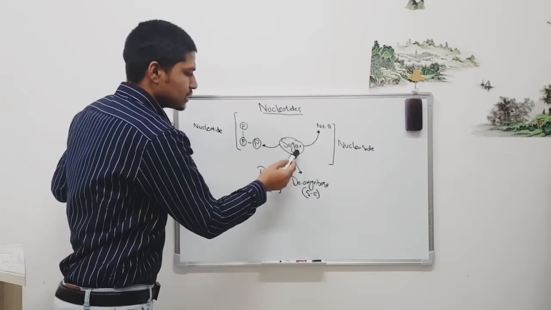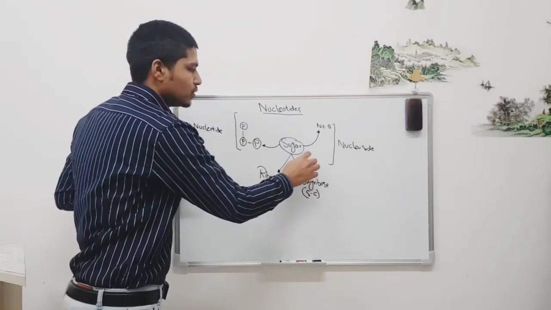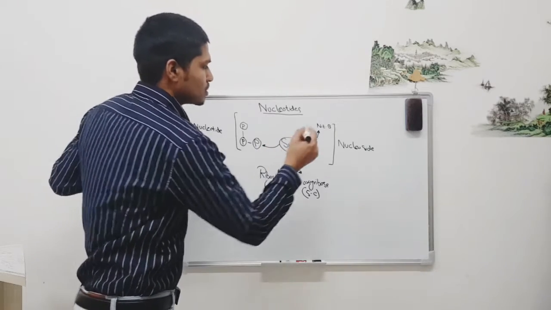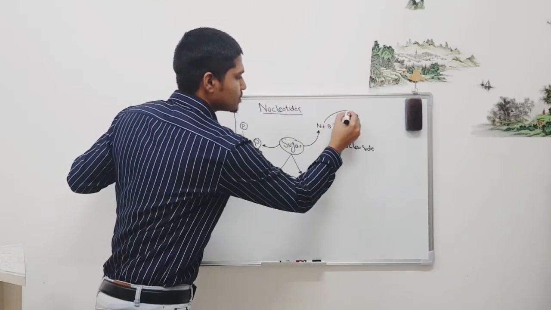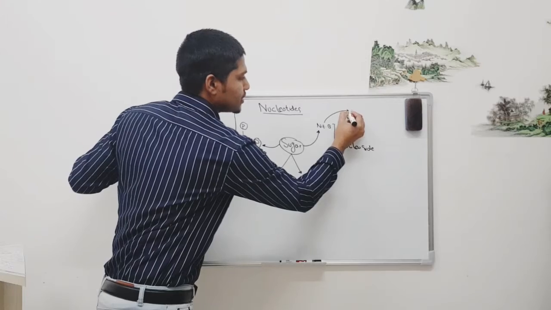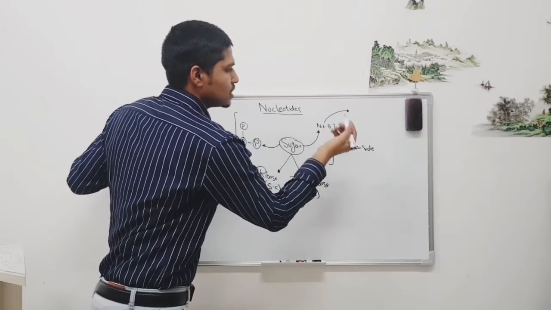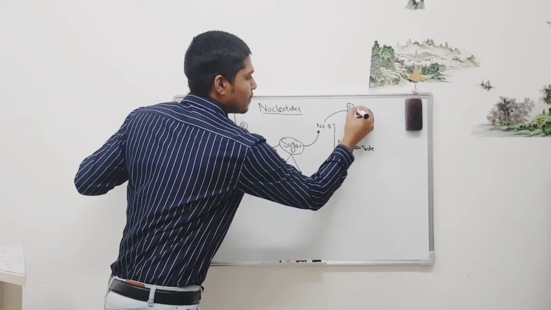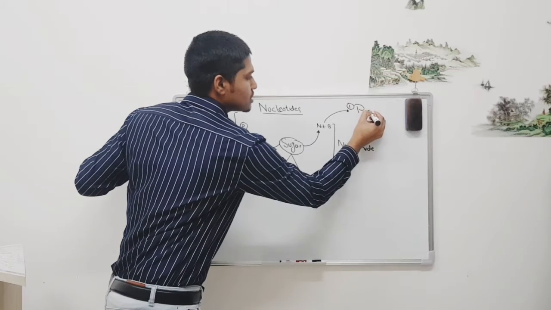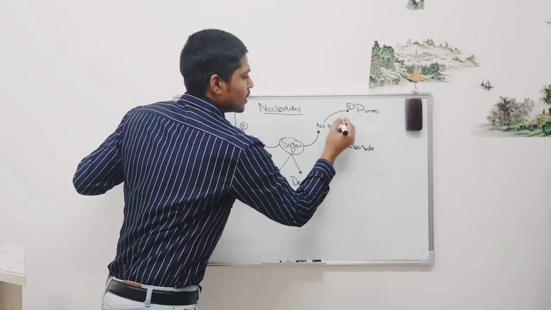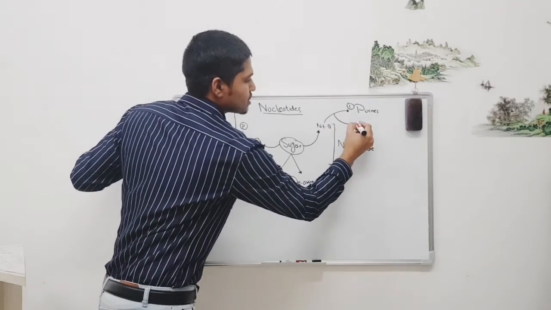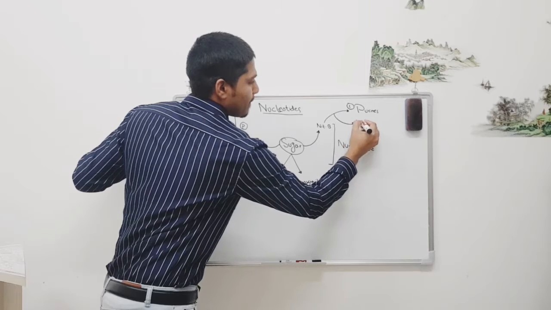After discussing the sugar molecules, we will discuss the nitrogenous bases. As you know, there are two kinds of nitrogenous bases. The first is purines, and the second is pyrimidines.